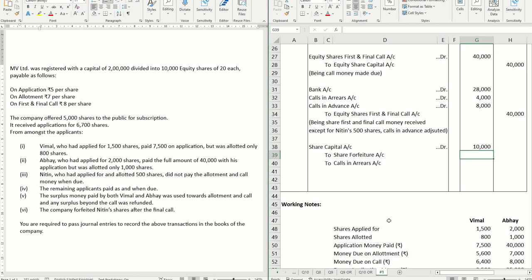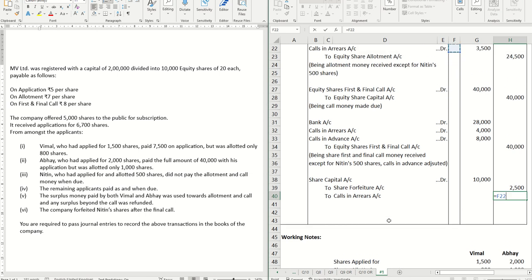Share forfeiture, whatever he has paid the application money only. So 500 into 5. Calls in arrears, whatever he hasn't paid. So he hasn't paid 4,000 rupees in first and final call, and he hasn't paid the 3,500 rupees in the allotment money.